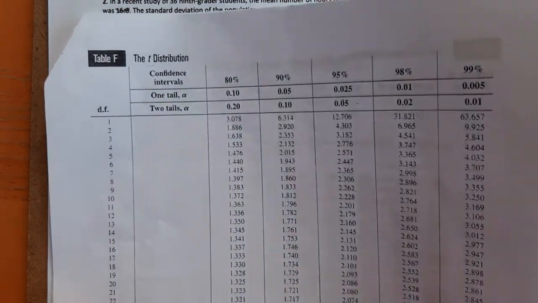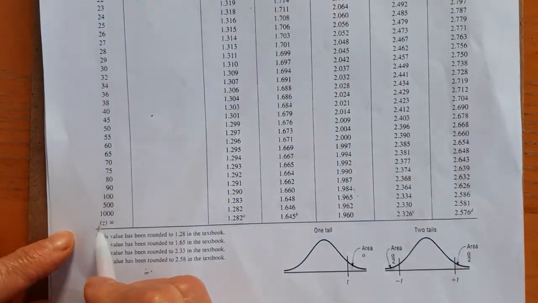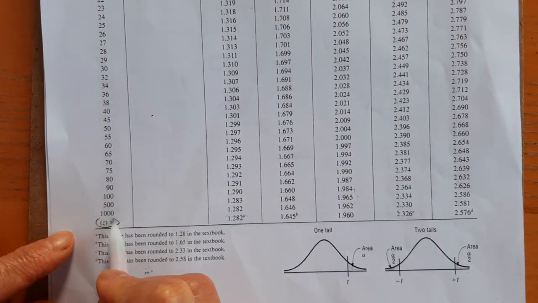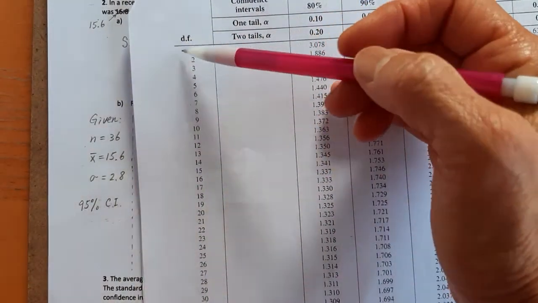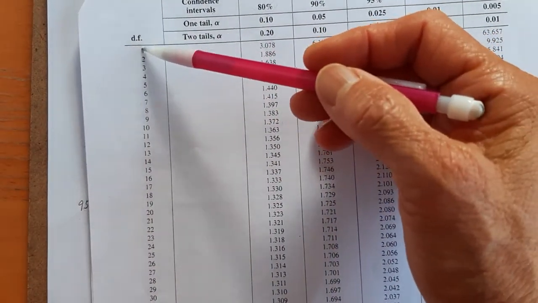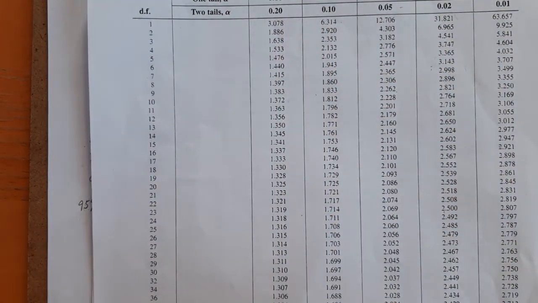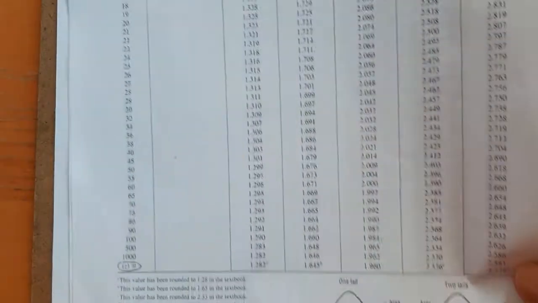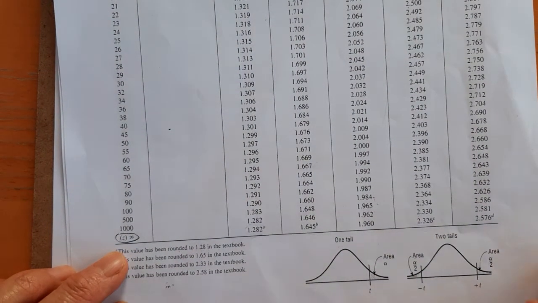Now go to the bottom. Here it has Z is infinite. This side is the degrees of freedom, for the t distribution, from 1 through 1000 until the Z score at infinite.